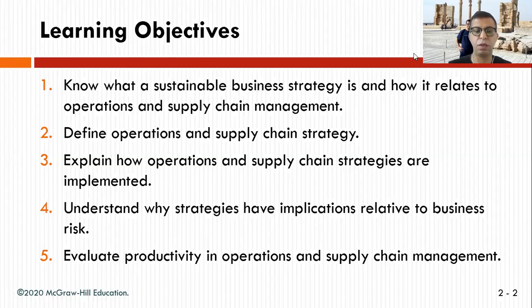We will define operation and supply chain management, explain how operation and supply chain strategies are implemented, understand why strategy has implications relative to business risk, and evaluate the productivity in operation and supply chain management.